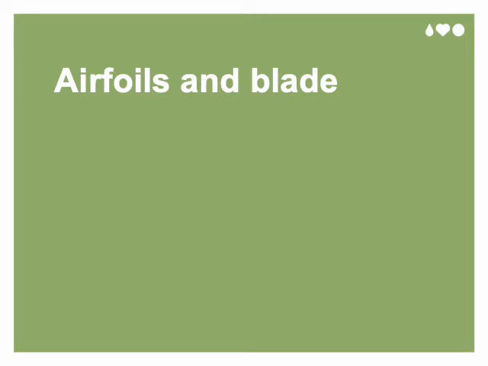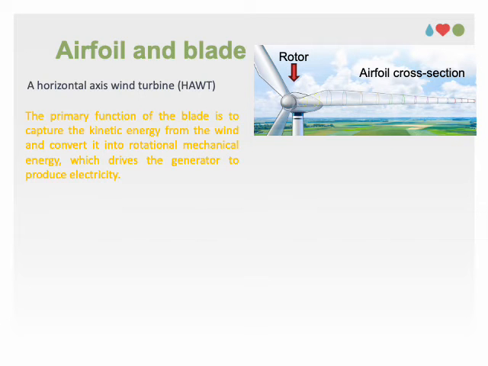Let's start by overviewing a few concepts on airfoil, which is simply the cross-section of an aircraft wing or a wind turbine blade. This figure shows a horizontal axis wind turbine, and specifically its three blades.